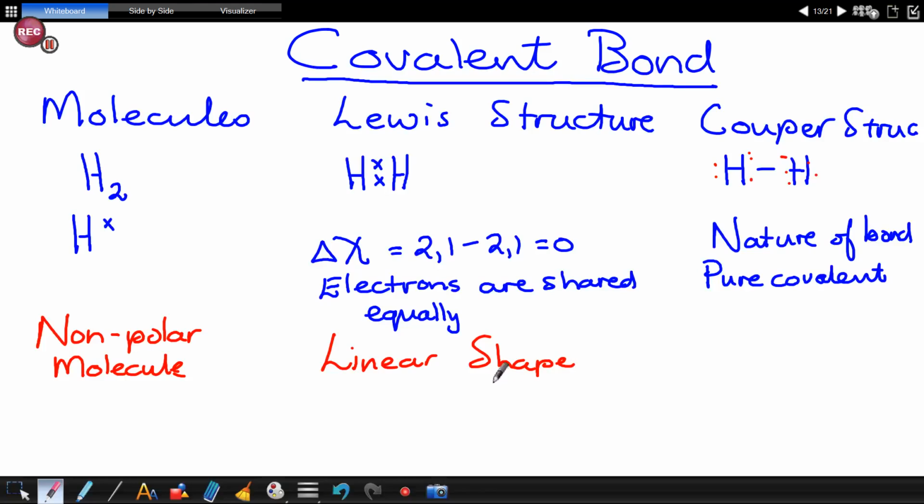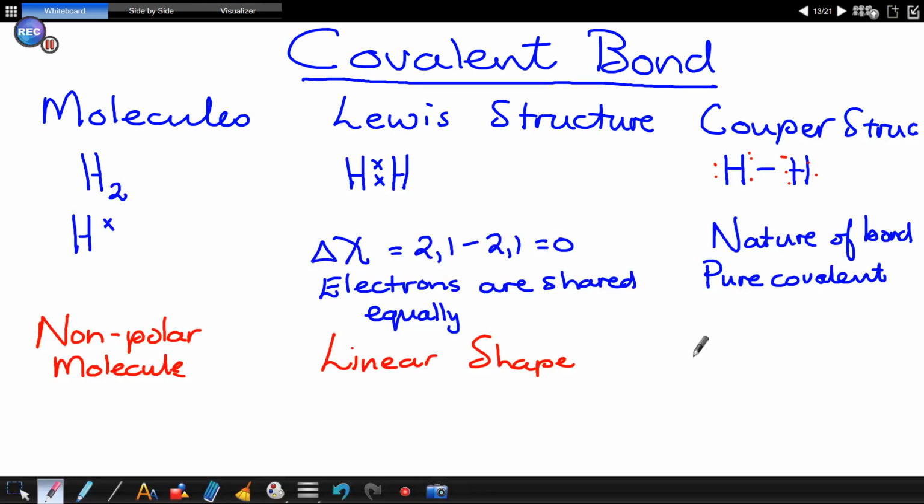Another new thing. Different molecules of hydrogen do have a force of attraction between them because of the electrons and the protons on the molecules. They will attract, but the attraction is very weak. And that's why hydrogen at atmospheric temperature and pressure is a gas.